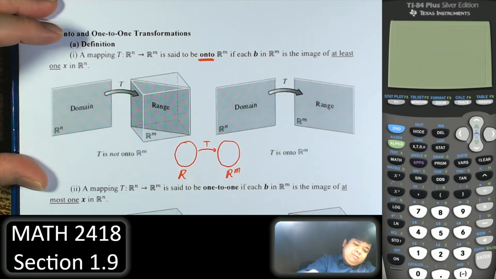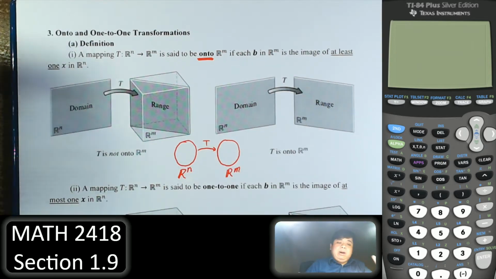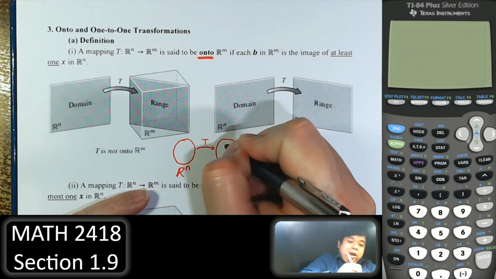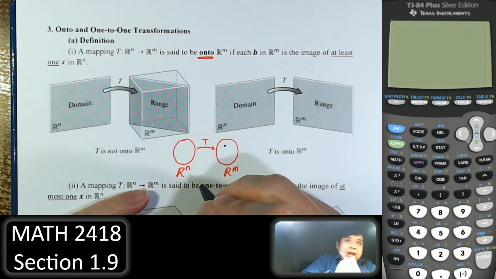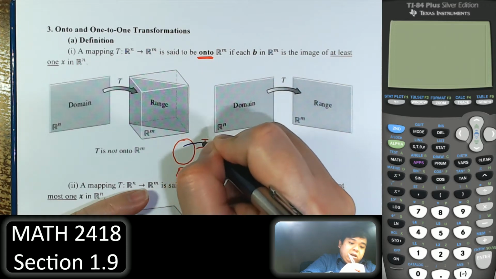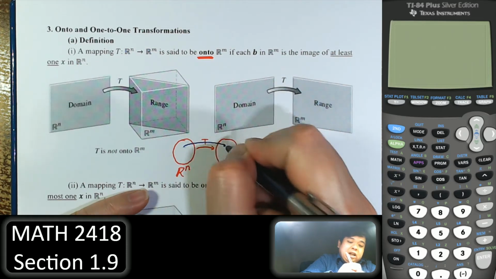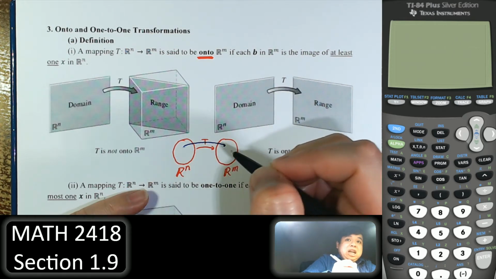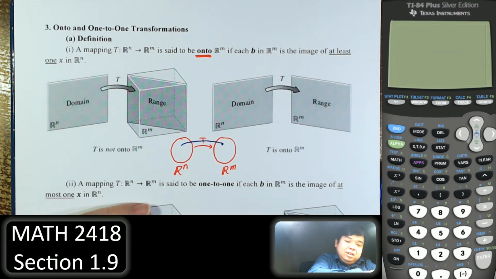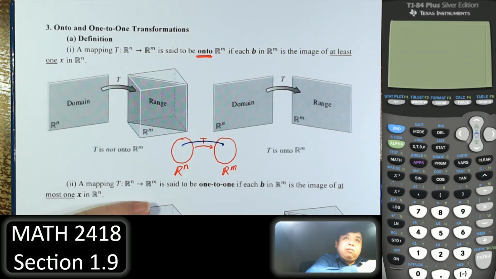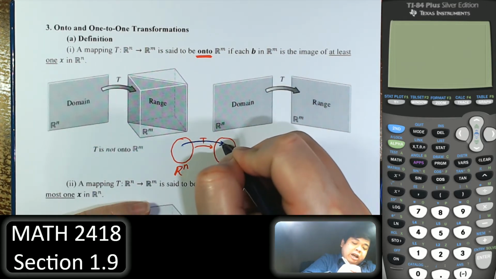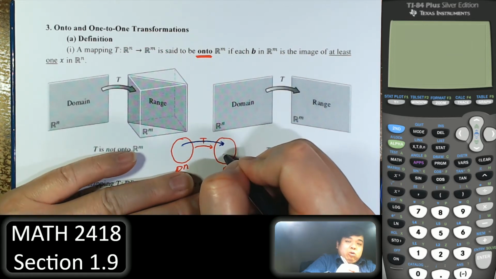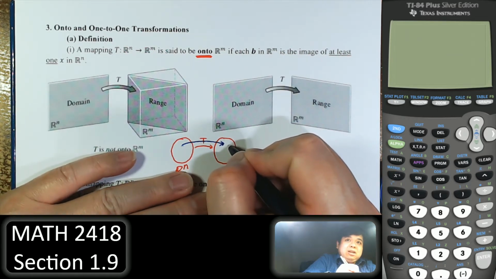Onto means that if we have a point in here, there must be a point in Rn associated to it. So every image has a pre-image. If I have a point in Rm, there will be a point in Rn associated to it. So there will be no point left outside.